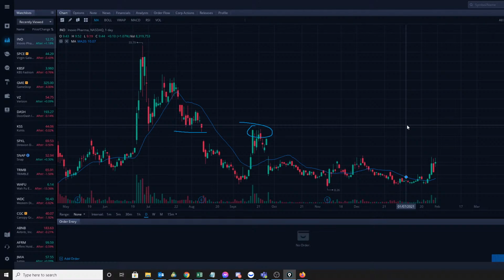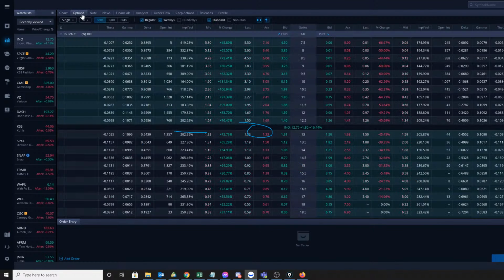Now, what I will probably do with this particular trade is I'm not going to buy shares, but I'm going to trade the options. In particular, it is the February 5th option calls.